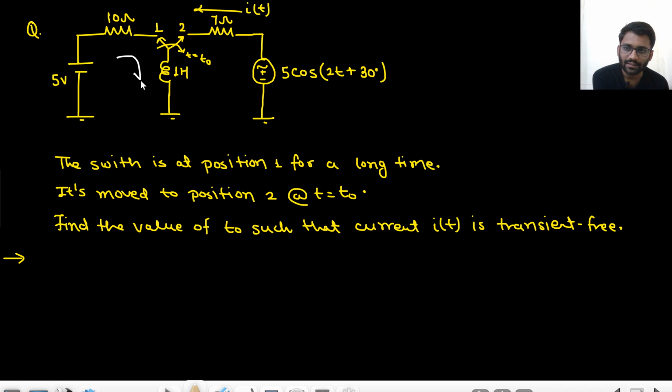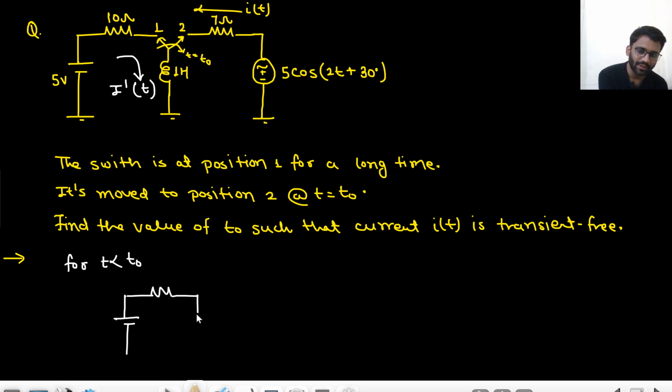So let's just call this current i dash(t), for t less than t naught. The switch was at position 1, and it was there for a very long time. So steady state would have been reached, with 5 V, 10 ohm, 1 Henry. Steady state would have been reached.